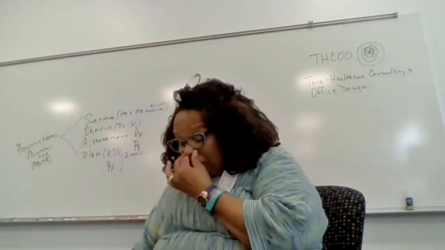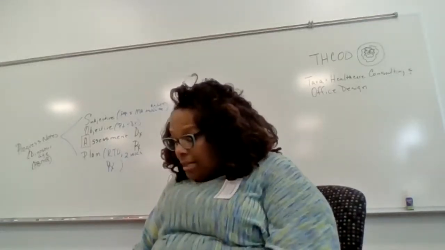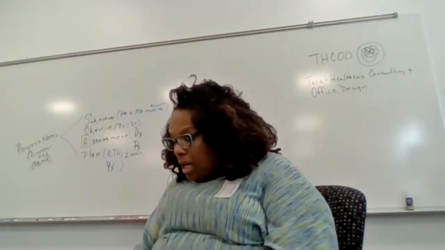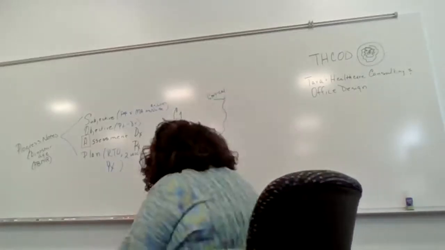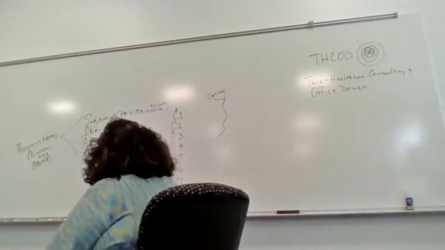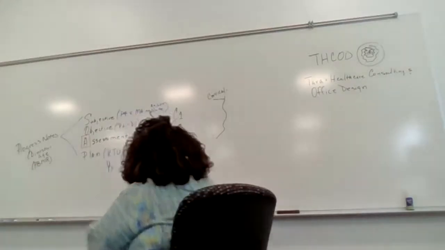All right. So thoracic. Thoracic has 12 bones. So you have T1 to T12. I'm not going to write it all out, but I think you get the idea.